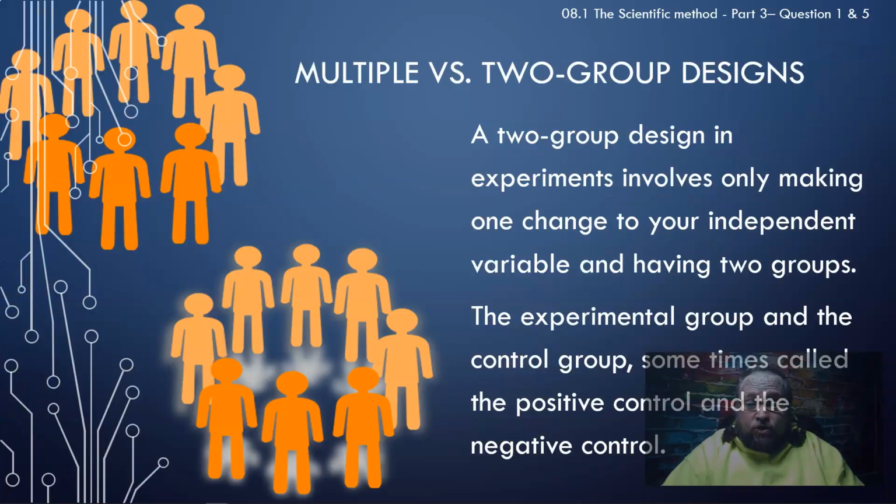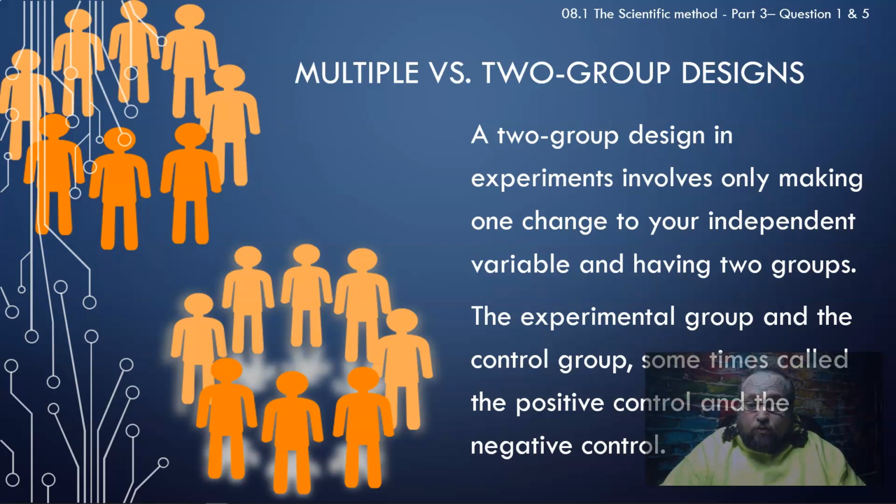Now, as mentioned a short little time ago, the basis you want to have, at bare minimum for an experiment, is a 2-group design of a control group and an experimental group. And you can expand upon this, depending on what you do, by having multiple other groups, and generally you'll still have just one control group, and then you'll have multiple experimental groups, which are variations of the independent variable.